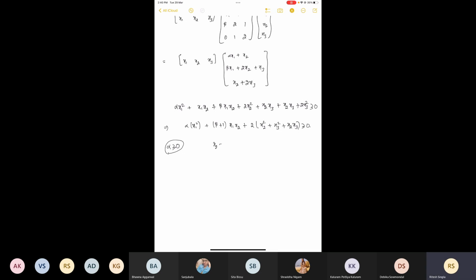Because if I take x2 equal to 0 equal to x3, then we are left with alpha x1 squared greater than or equal to 0. Hence alpha has to be greater than or equal to 0. I'm not saying this will be the only condition, but at least this will be a condition.